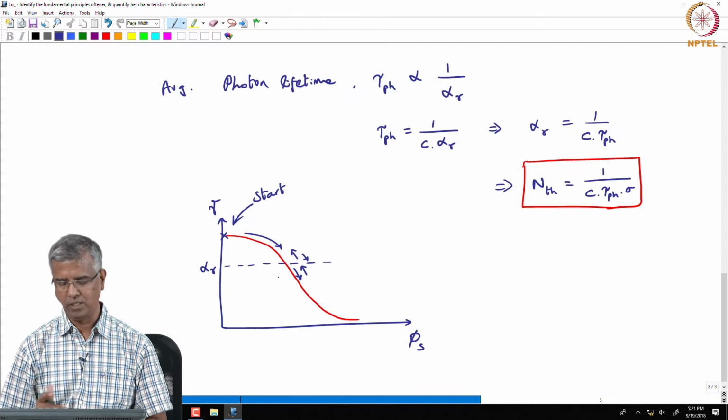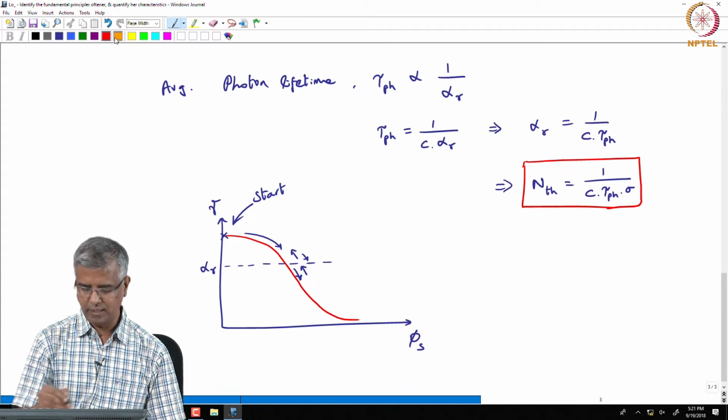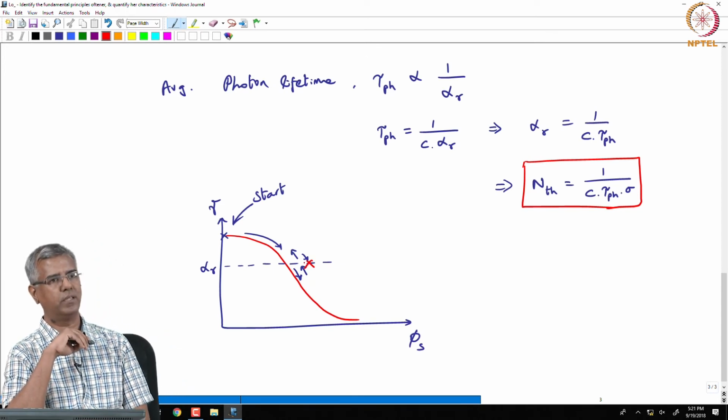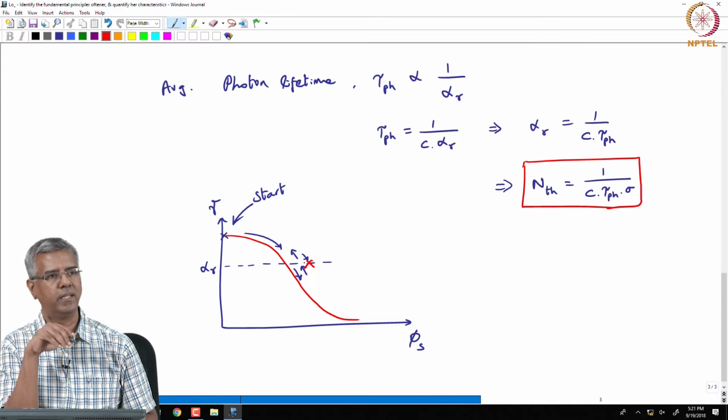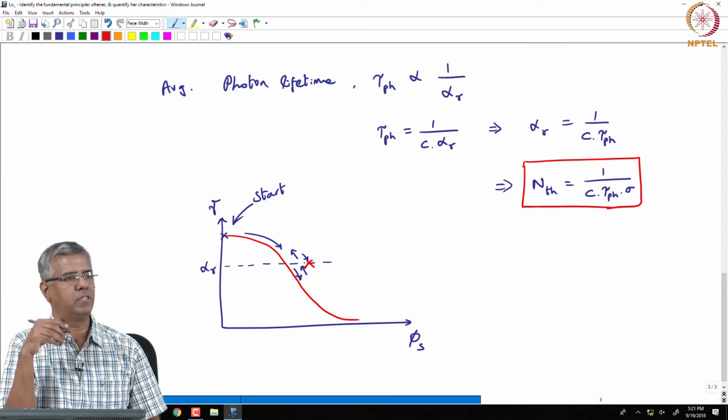And then finally after all that, you started there, and you end up over here. Okay, you end up at the point where the gain equals the loss in the cavity.